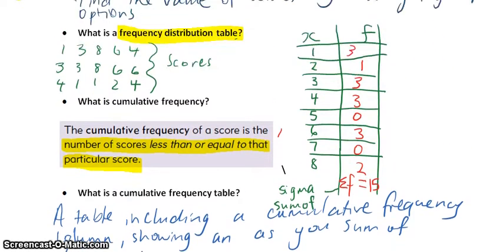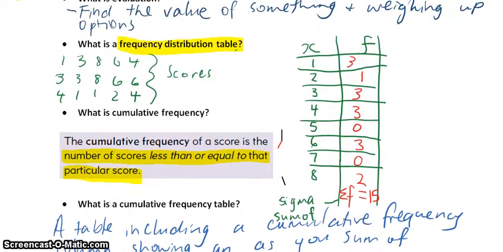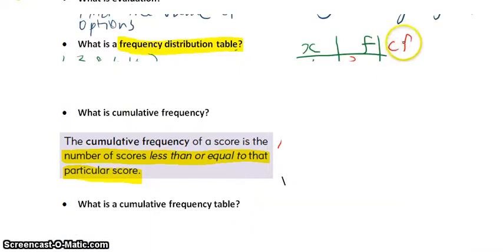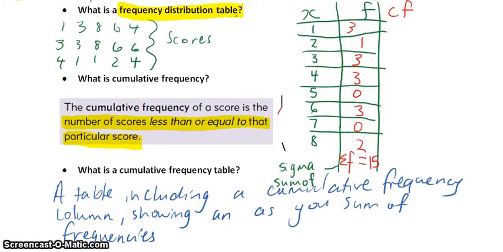Let's go back up here. If I were to make a cumulative frequency column, I'd add it onto the end like this. What I do is create another column with rows, matching up with the others.